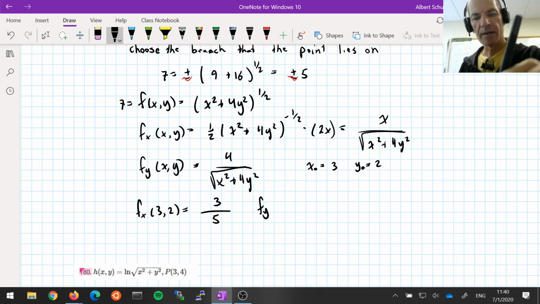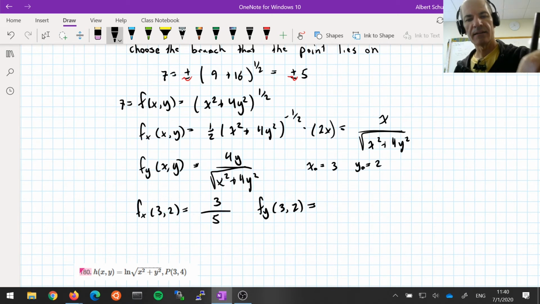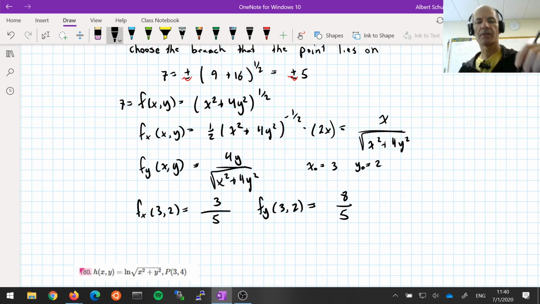And f sub y of 3 and 2 is going to be 2. I'm sorry, got a little bit of a mistake here. This partial derivative is for y. And when I plug in 2 for y, I get 8/5.